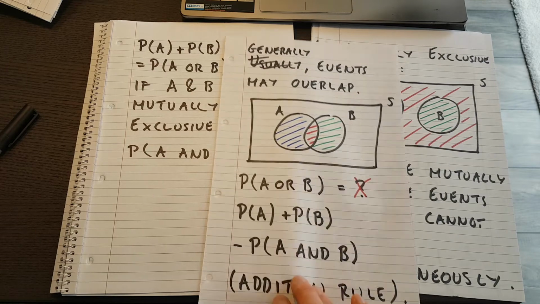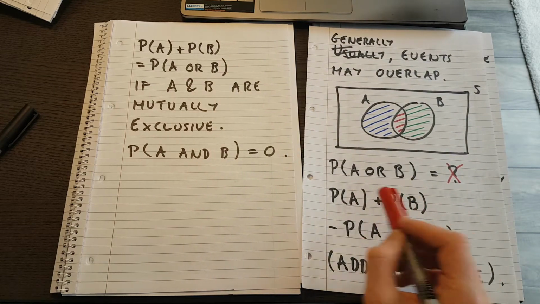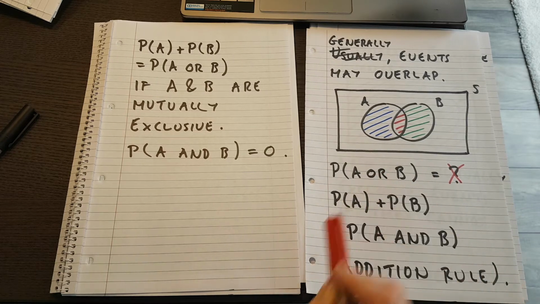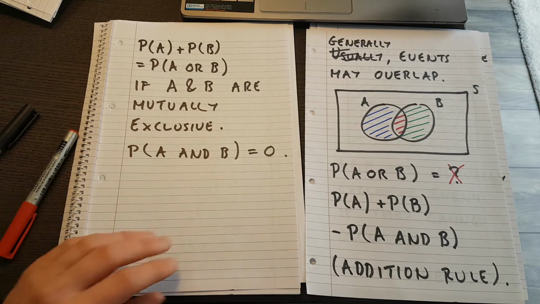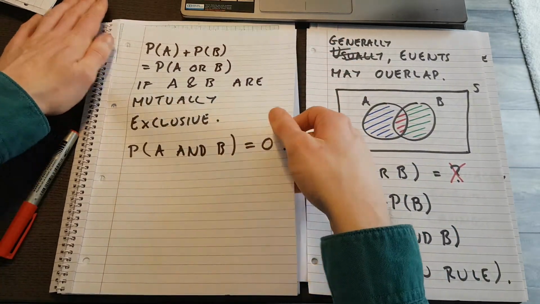Now you might ask yourself, if I know P of A and I know P of B and I know the probability of A and B, I can find the probability of A or B. But how can I find the probability of A and B? Is there an easy formula for that? And the answer is not usually.